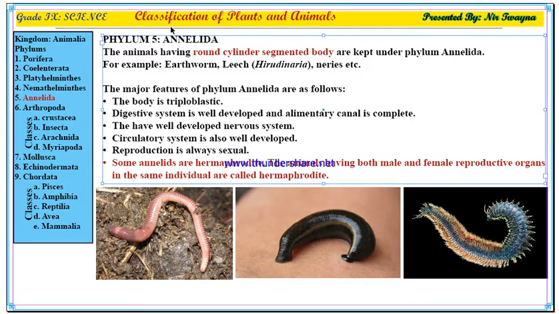Well, Annelida are similar to Nemathelminthes, but they are a little more developed. Annelida are more advanced than Nemathelminthes, in the sense that Annelida are animals which have a round cylindrical body with segments, whose body is segmented.